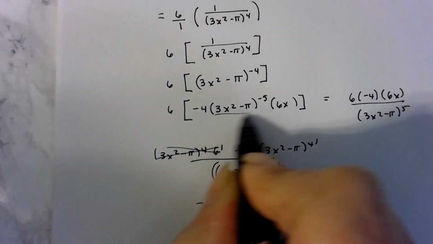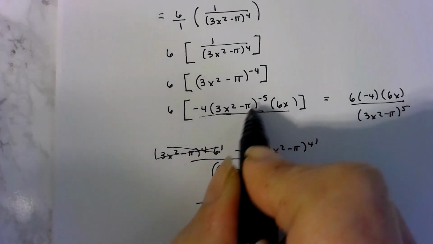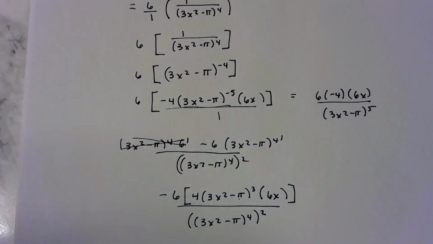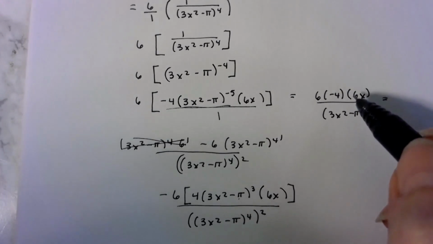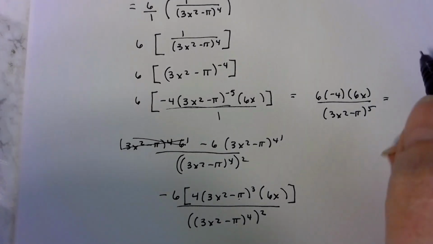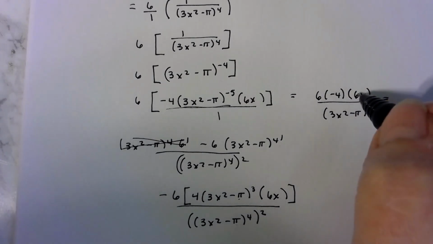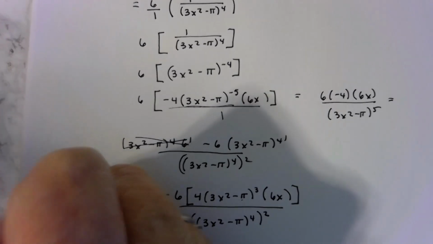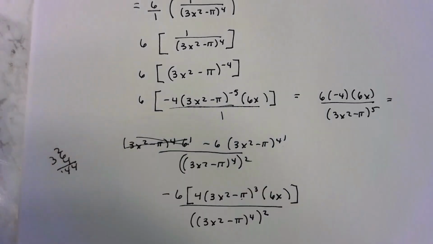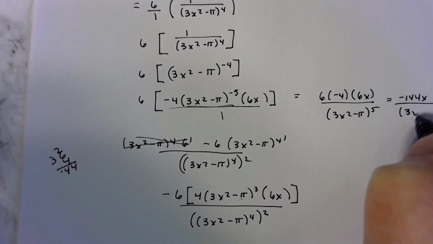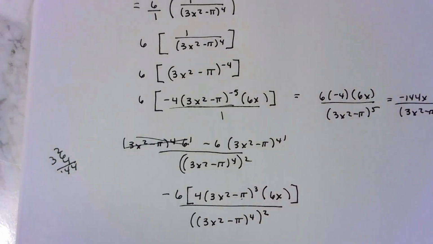Do you agree? This is all over 1. I'm just bringing that quantity with the negative exponent downstairs to make the negative exponent positive. And if I clean this up, I could do 36 times -4. What is that? 36 times 4, 12, 144, right? So this is -144x over (3x squared minus pi) to the 5th.